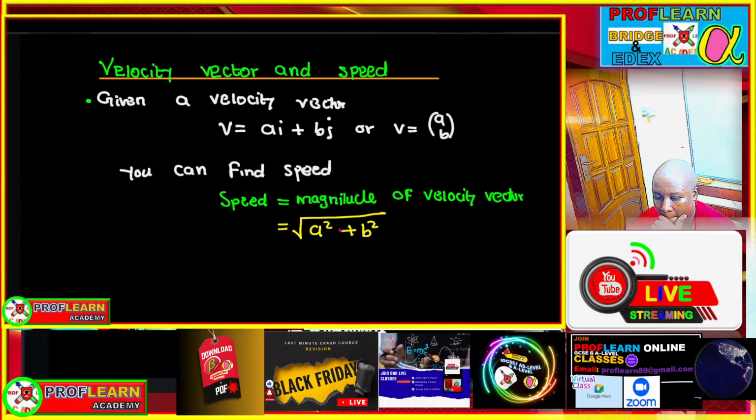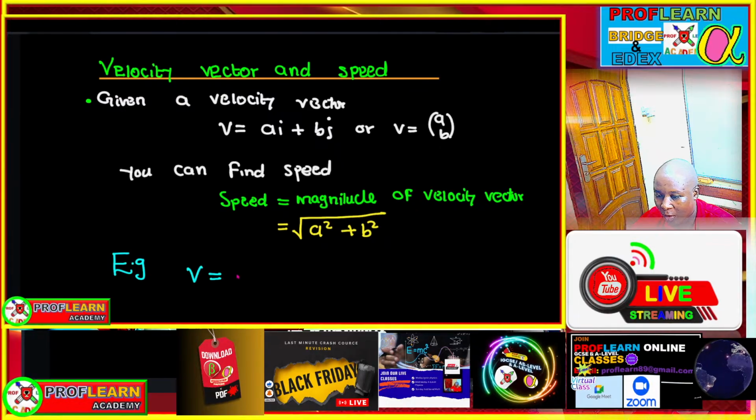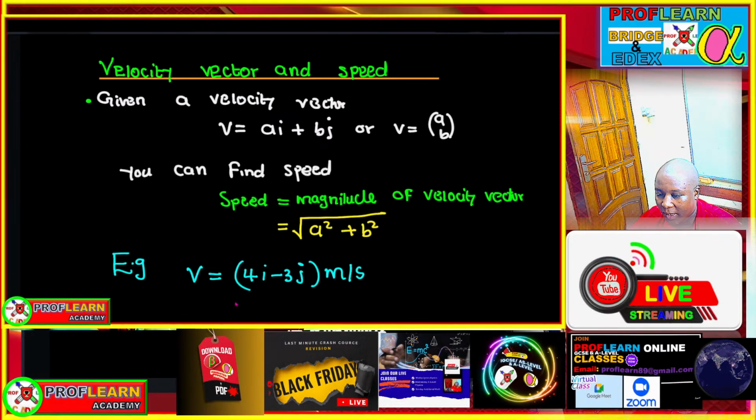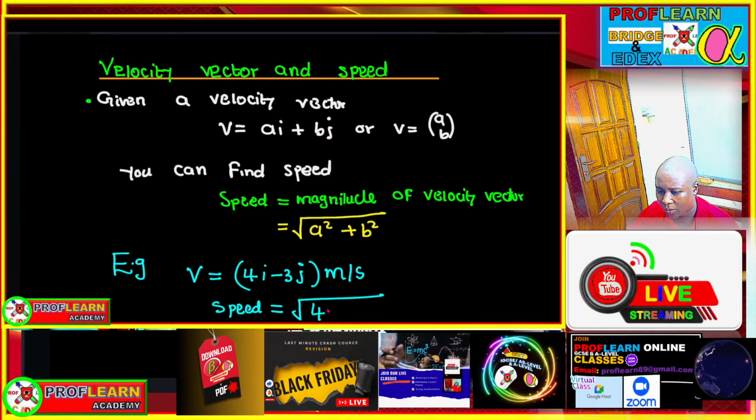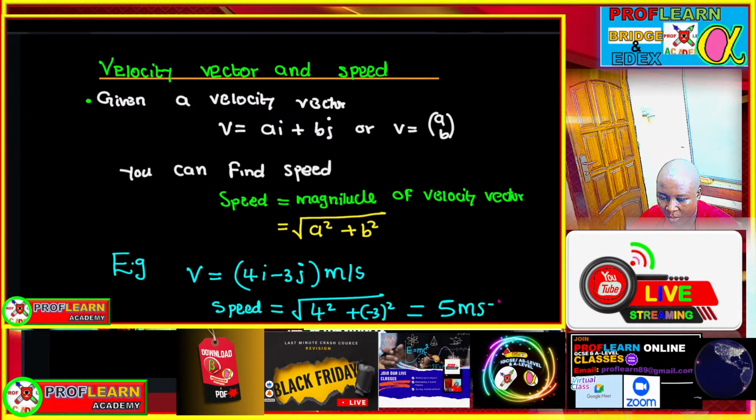So that we can show how you can find that speed. We have a velocity vector, and then we can now work out the speed of that particular particle whose velocity vector is 4i minus 3j. So that means this is going to be the square root of 16 plus 9, and that is going to translate to 5 meters per second as the speed.